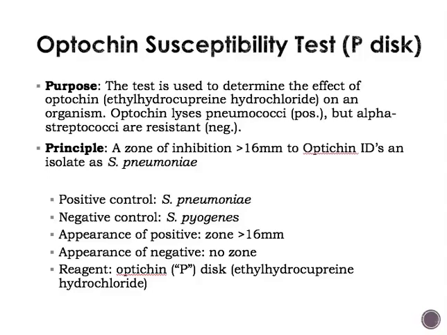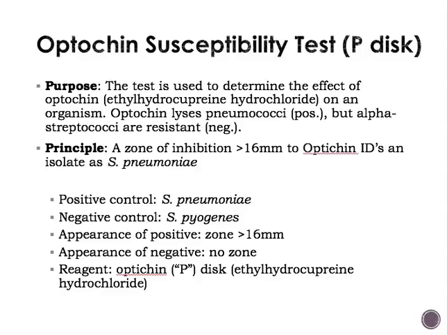This is a disc test. It's one of those tiny filter paper discs impregnated with the reagent. So optochin lyses pneumococci, which is considered a positive result, but alpha strep are resistant, which is a negative result.